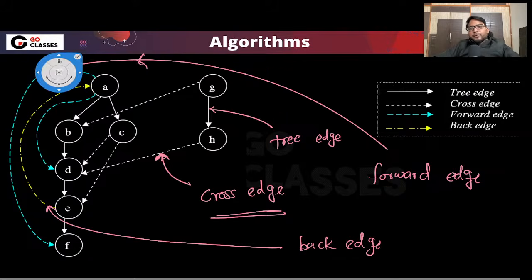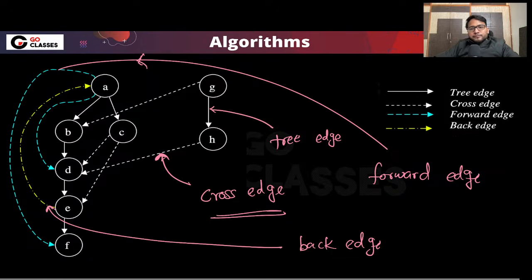Understood? Let me know if that is okay. So you understood how to classify between tree edge, back edge, and these things, right? This edge is from ancestor to descendant, that's why it is a forward edge, and so on.